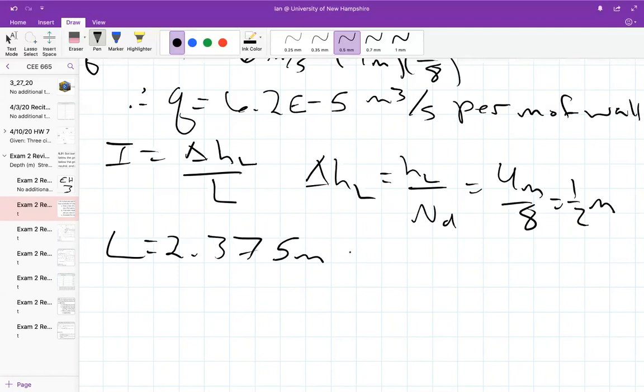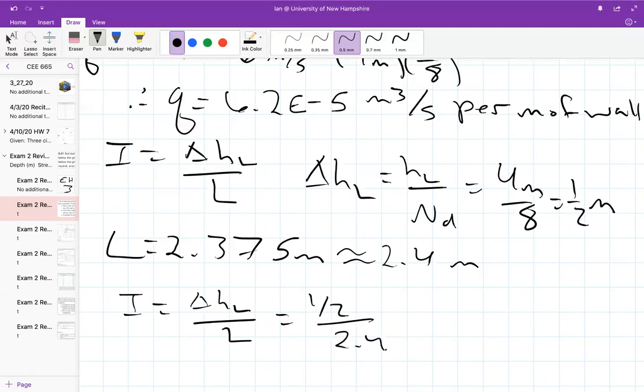So let's just go with 2.4. That's pretty close. To calculate this new hydraulic gradient based off of this length, we got 1/2 divided by 2.4, and we'll get somewhere around 0.21. And that will be our answer.